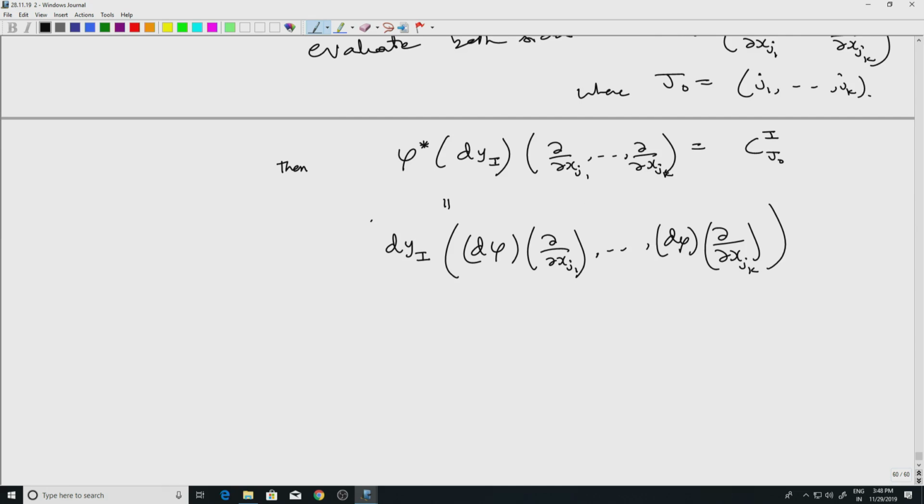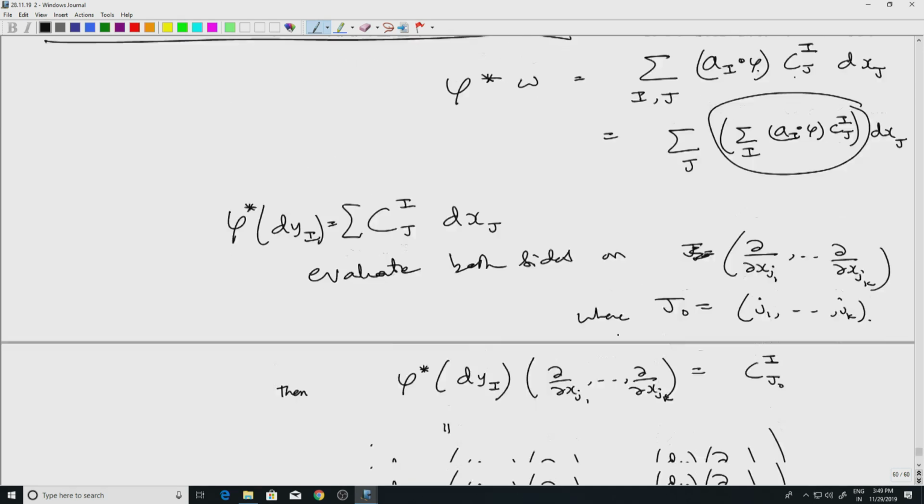Now the d phi of del by del x^{j1} can be written as some linear combination of, so here we are working in local charts and so on, right?